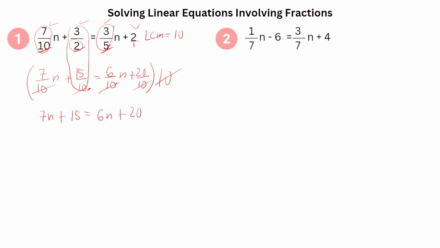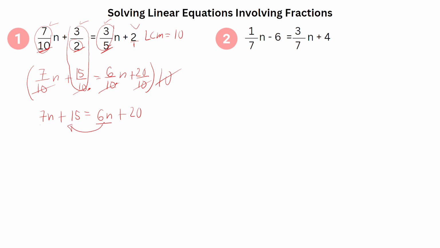I hope there's no question so far. What do we do next? This time, we will just go back to our solving of linear equations, our previous topic. So how do we solve for n or the variable? Make it solo, make it positive. So 7n and 6n, those are the two with variables. Which one is smaller? 6n. So I will transpose the 6n to the left.